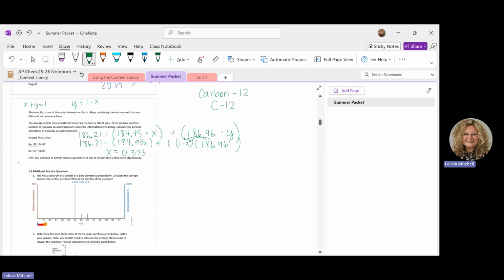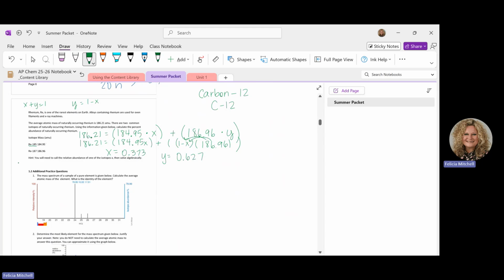Now, especially if you're a junior, I'm going to beg and plead with you to try to solve that on your own, in your own way, to make sure you get x equals 0.373. And if you don't, you got to shoot me an email and we got to catch you up math-wise. Okay? Now, you've only solved part of this. You've got to then say, okay, that means 1 minus 0.373 is y, or 0.627.